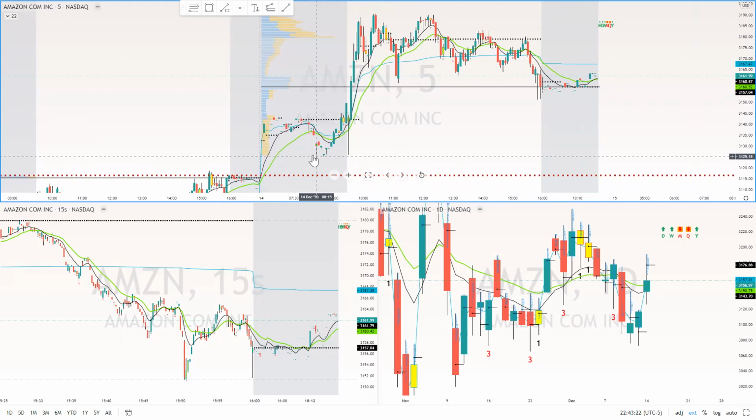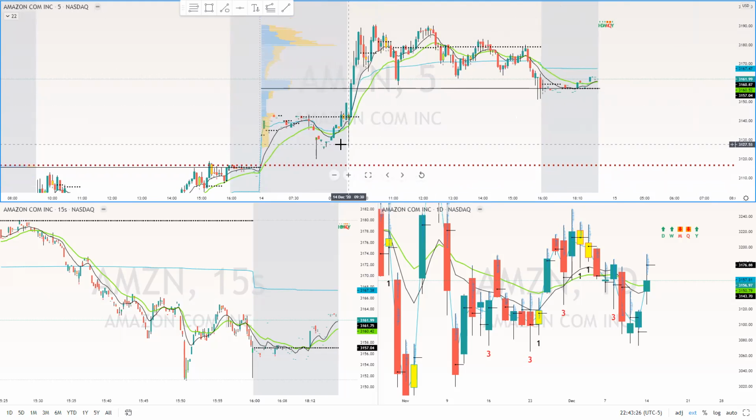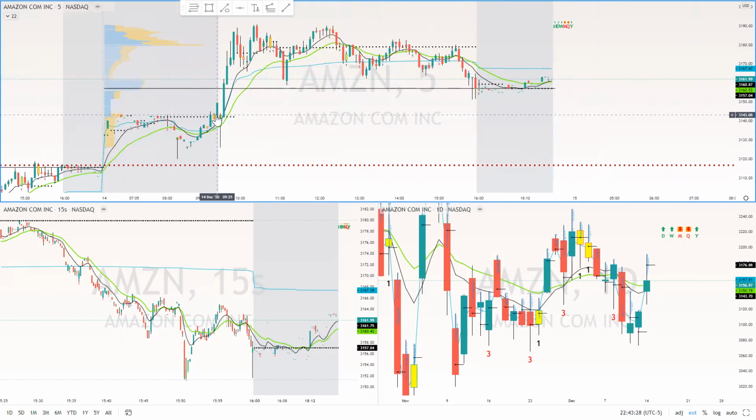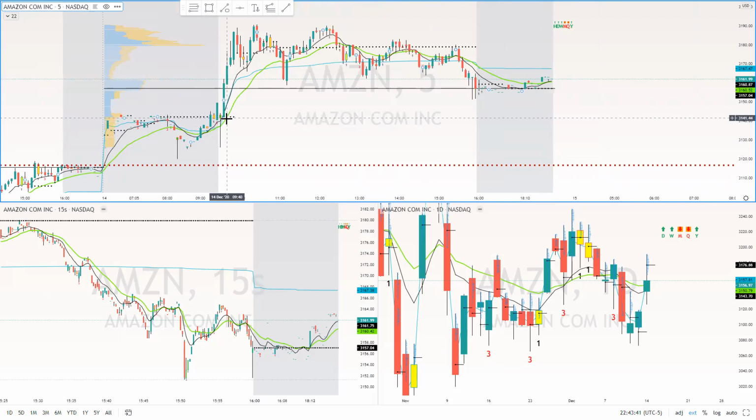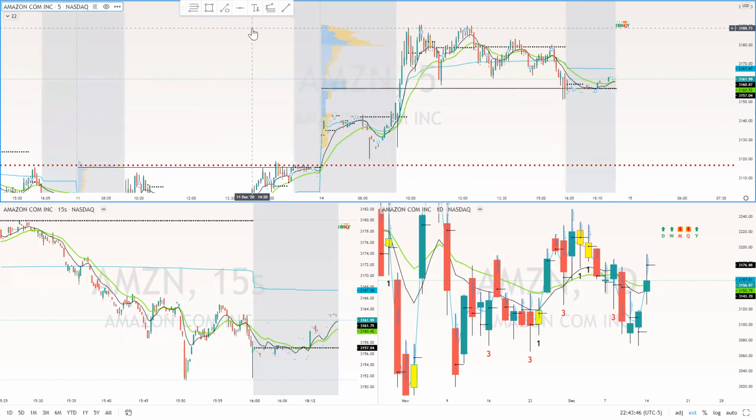So in this example, we've got price at the lower end of this range. And by market open, once we're above that point of control, you've got a STRAT signal here too. You basically enter right here, and then your target would be up to the top of this range.